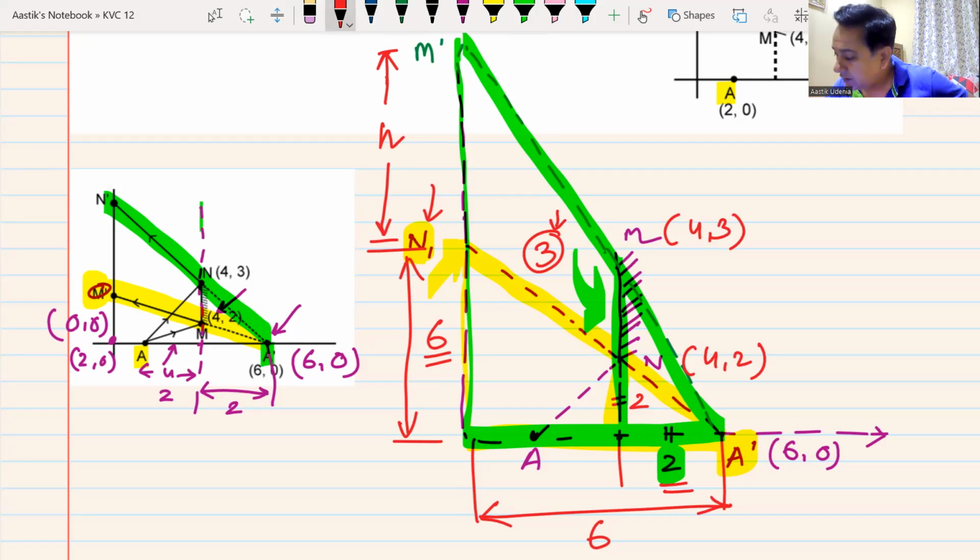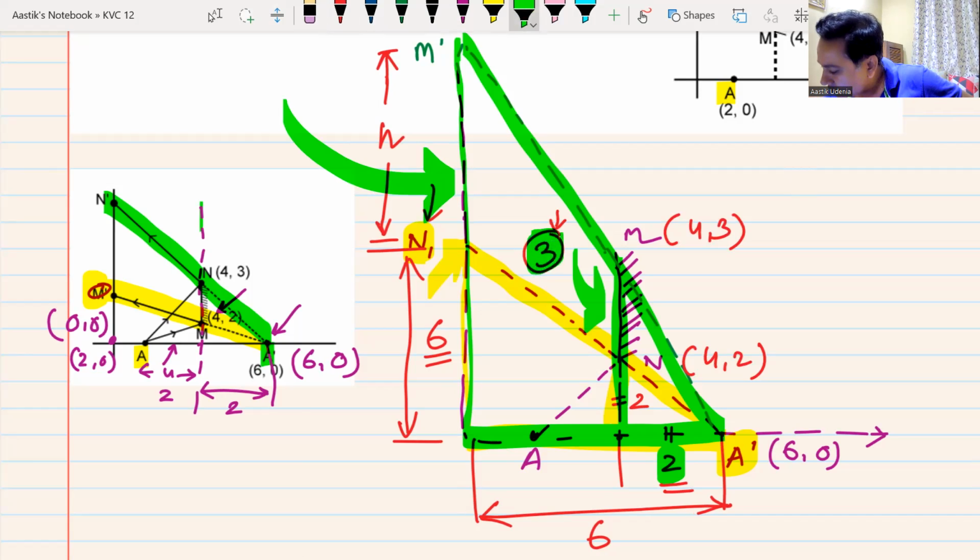Now you can tell me what about the bigger green side? So 3 upon 2, from similar triangles, will be equal to, let me call this entire thing as x.